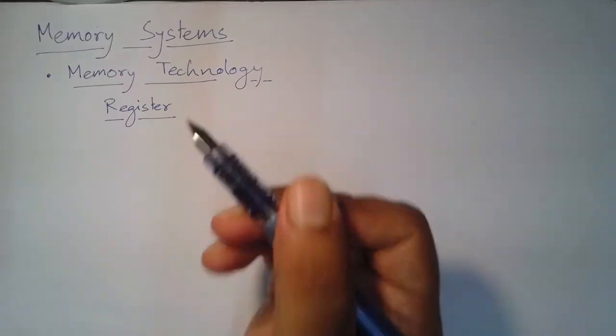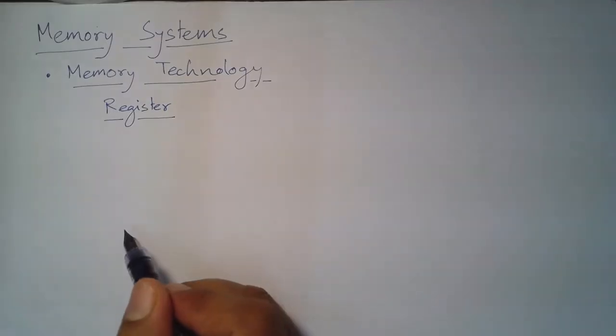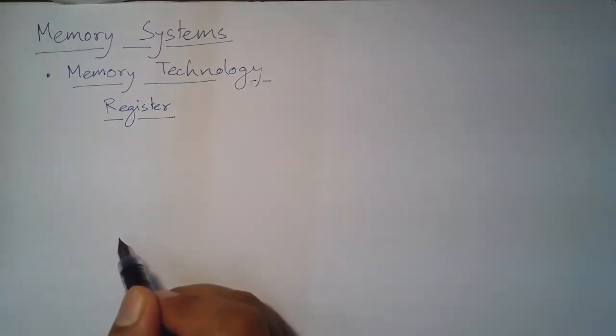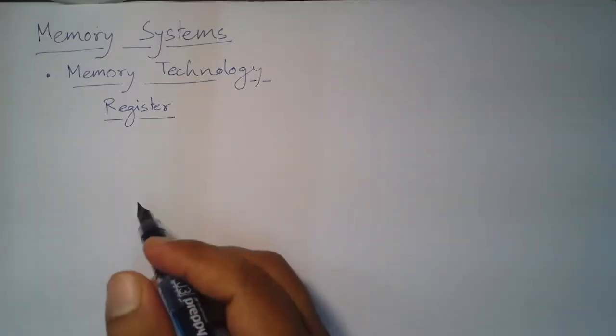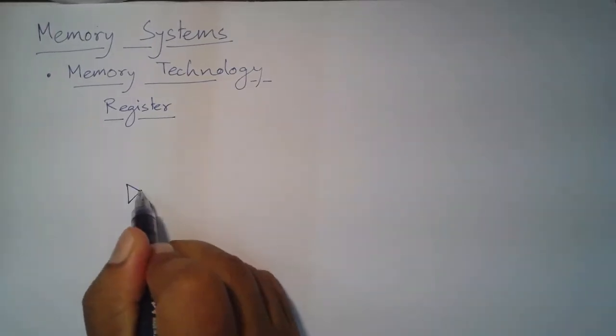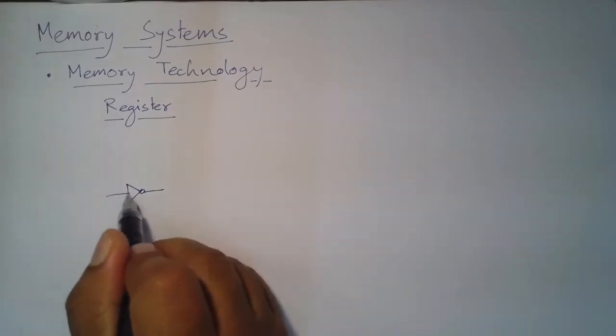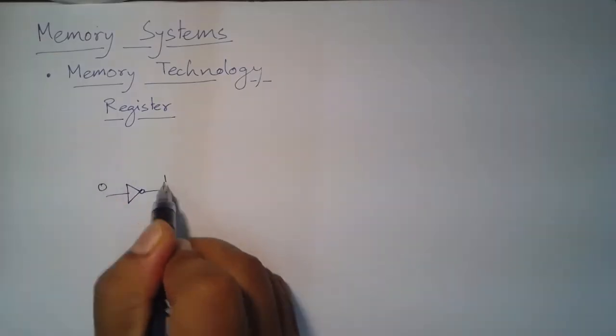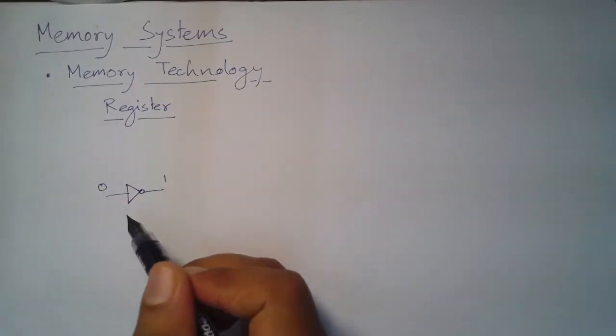Now from your understanding and knowledge about digital logic and other basic electronics courses, you know what is an inverter. So an inverter is a gate which basically if I give 0 will give me output as 1. All right.